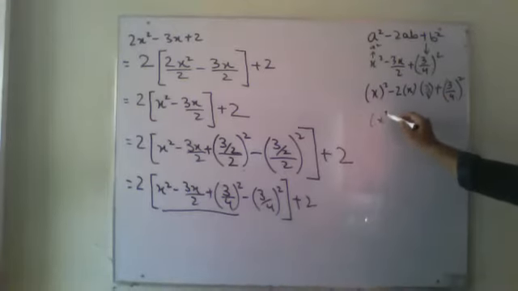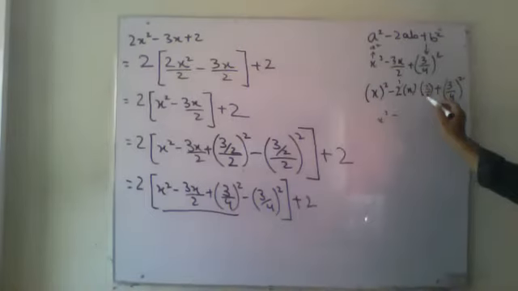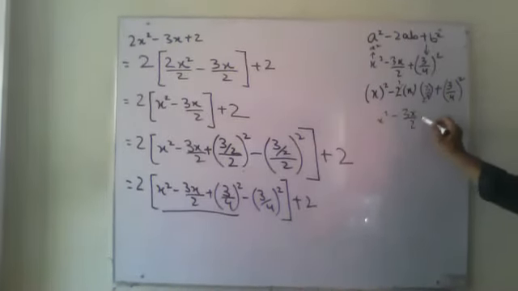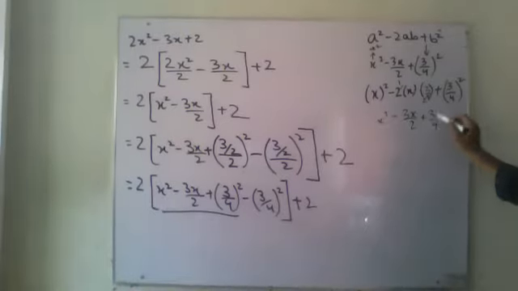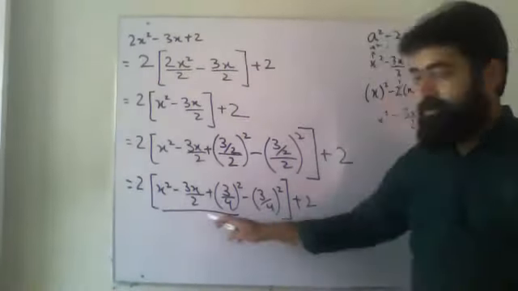So x square minus 2 times x times 3 over 4, which gives 3x over 2, plus 3 over 4 whole square. That is the same thing which is written over here.